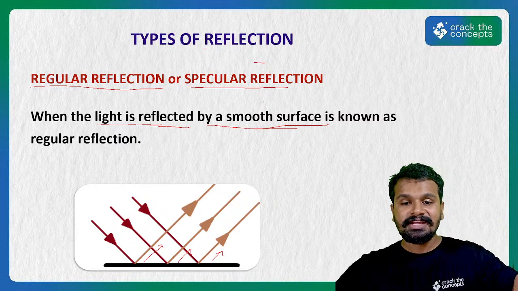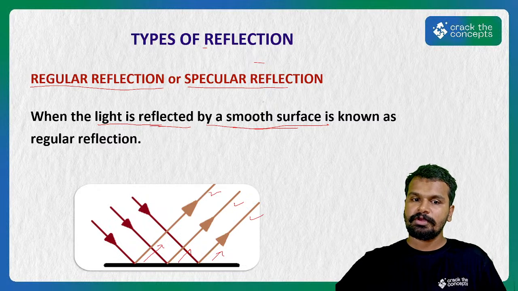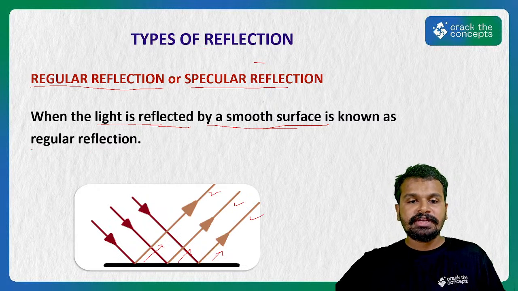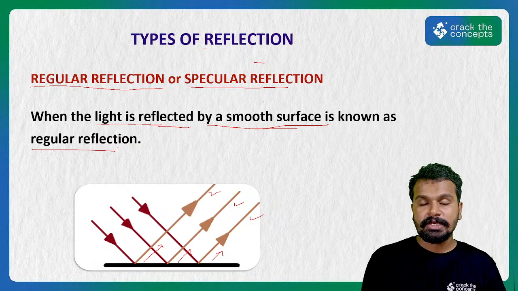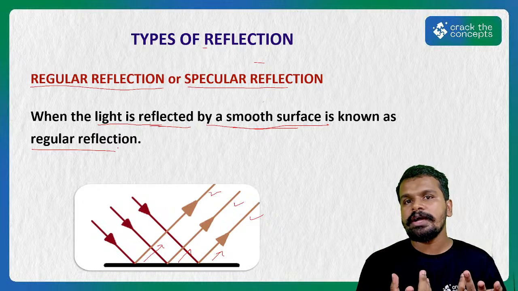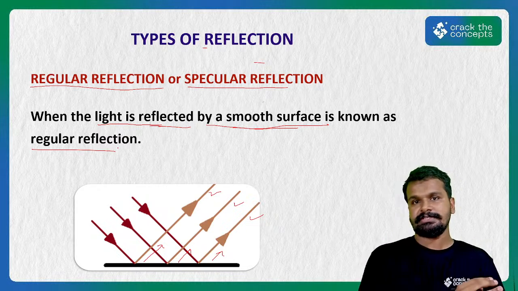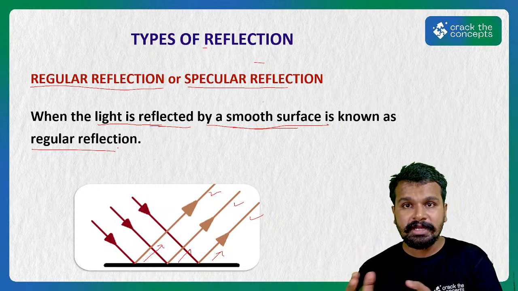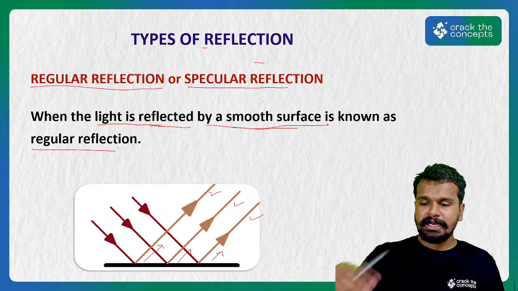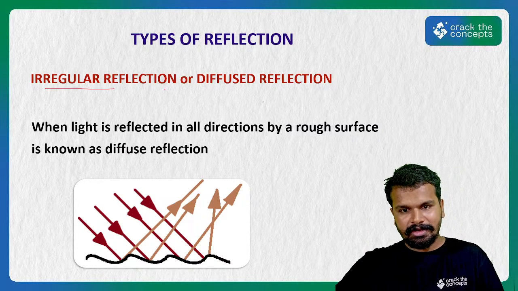The reflected rays are parallel to one another. Such reflection we term regular reflection or specular reflection. When does it occur? When light gets incident on a smooth polished surface, such as a plain mirror. Clear, right?